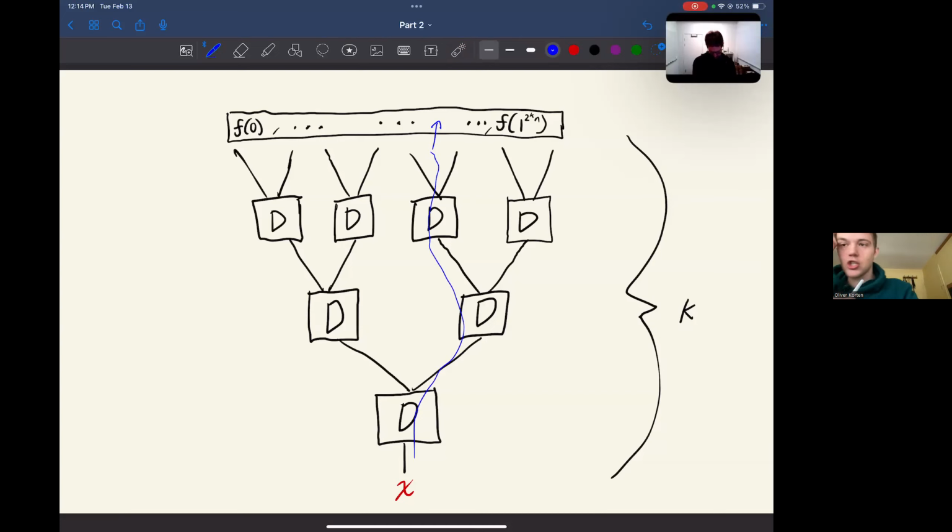If I think of this as a circuit describing that truth table, its size only scales with d times the depth of the construction, d times k.